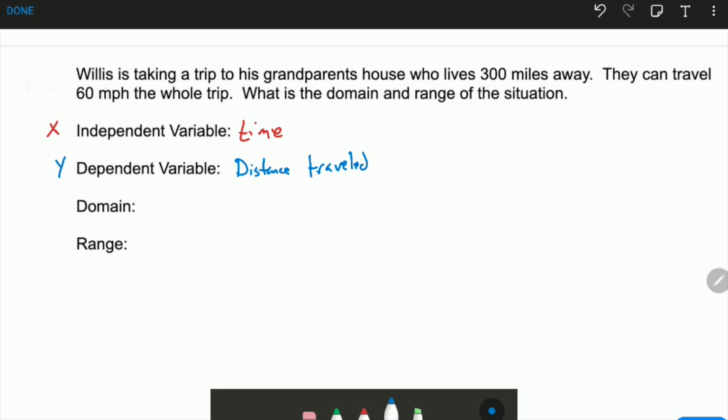Now, as far as domain and range goes, I'm going to start with the range because that's a little bit easier to pick up on. So for the range, since that's the distance traveled, we initially start with 0 distance traveled and we end with 300 miles traveled. The reason we're starting at 0 is because we're assuming we haven't traveled anywhere from the starting point.